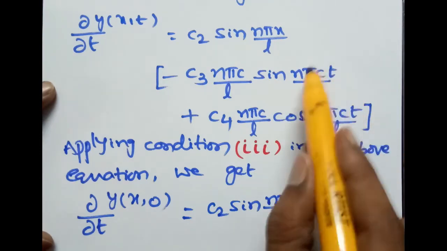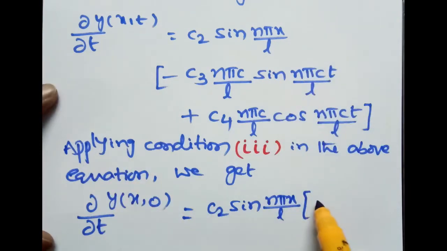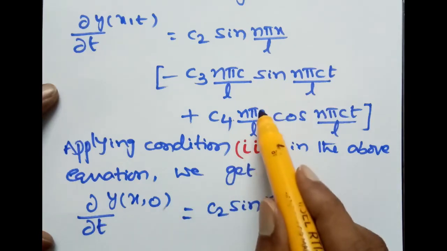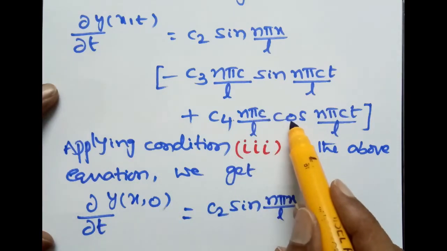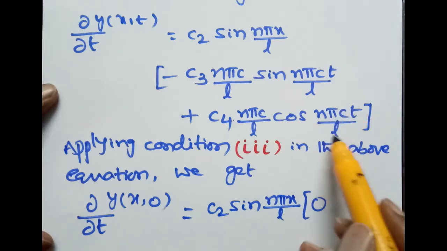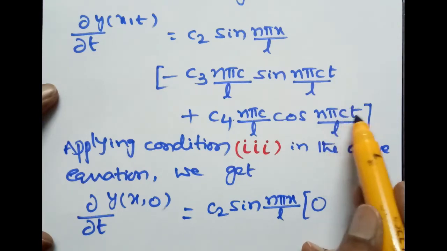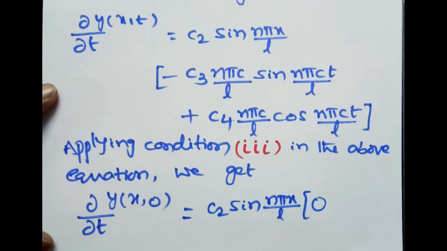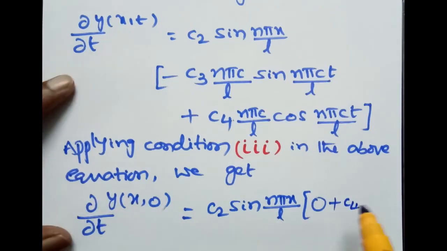That means sin 0, and sin 0 value is 0, plus c4 n pi c by L into cos of n pi c by L into 0. Cos 0 is 1. So plus c4 into n pi c by L into 1.